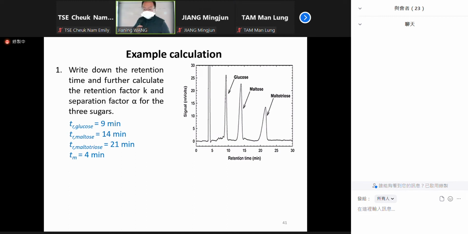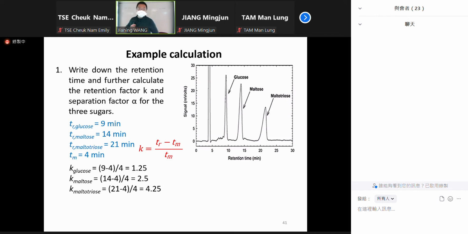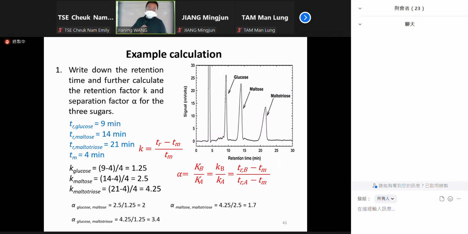So we get the two time points. From the definition, we can calculate the retention factors. So we can get the three retention factors. And then based on the definition, we can calculate the selectivity factors, right?